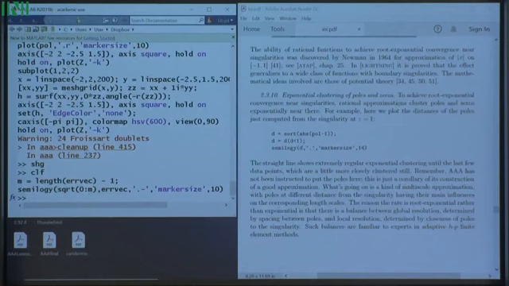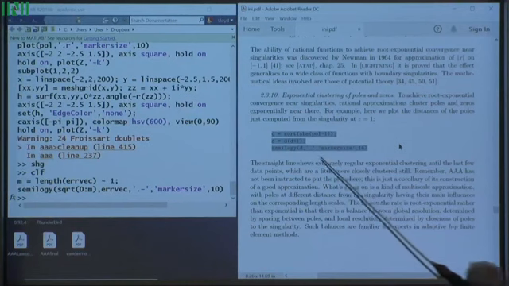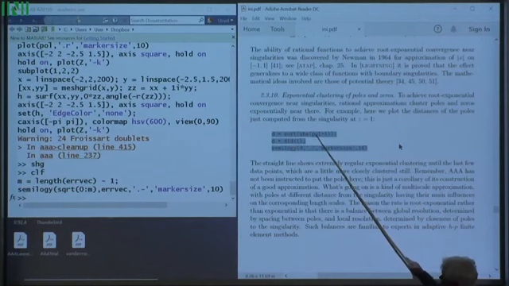So let's look at that. The next little segment is going to plot the distances of the poles of my AAA approximant from the point 1. So we're looking at the bottom right corner of the rectangle. How close are the poles to that?